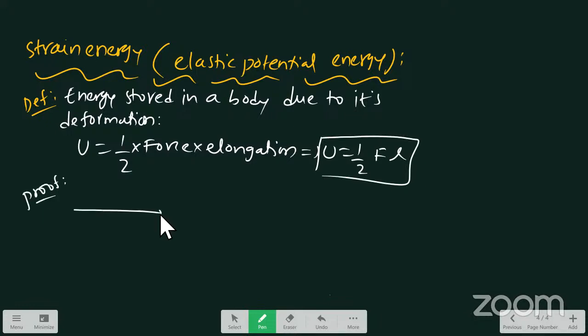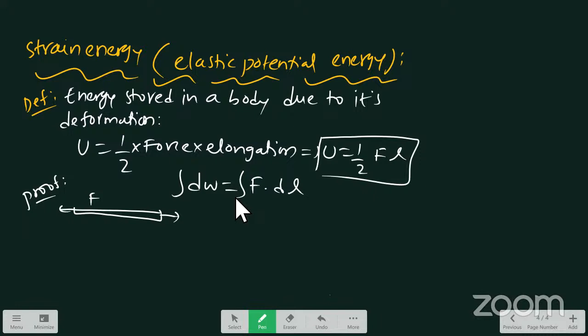For example, you take one elastic body and apply force. What is the work done? The work formula, you know, is force into displacement, students. Depending on this, I am writing work equals force into displacement. We are doing integration. What is the purpose of integration?